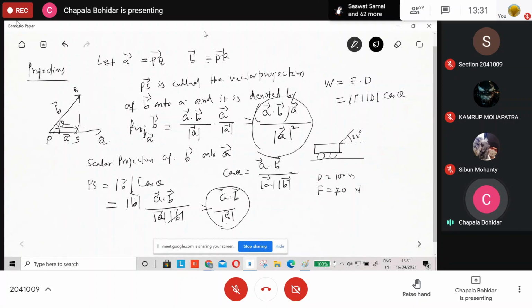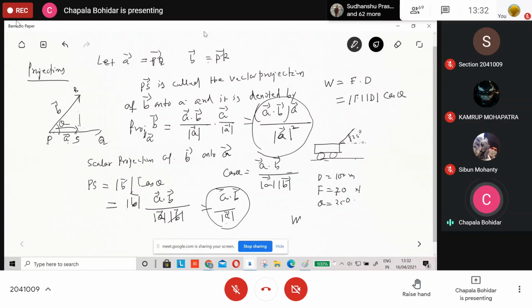The handle of the wagon is held at an angle of 35 degrees above the horizontal. So theta is 35 degrees. Find the work done by the force.